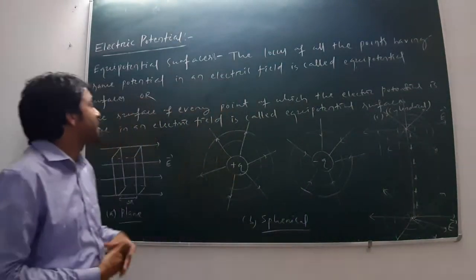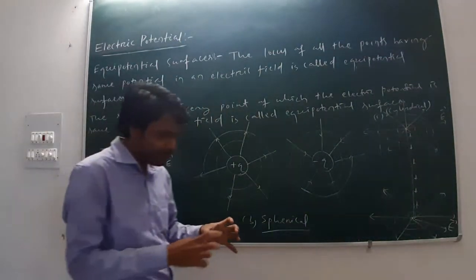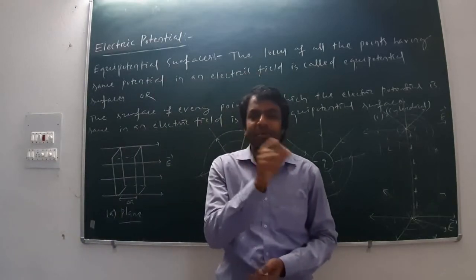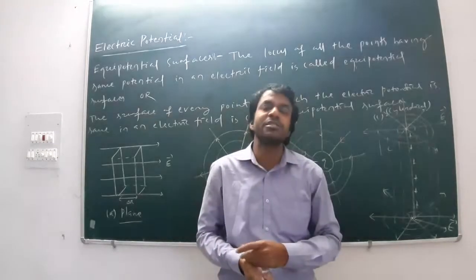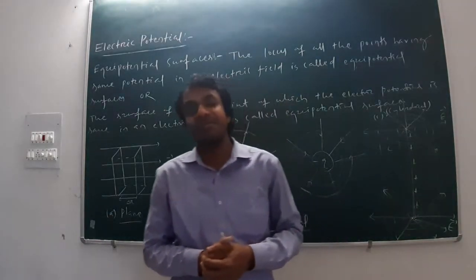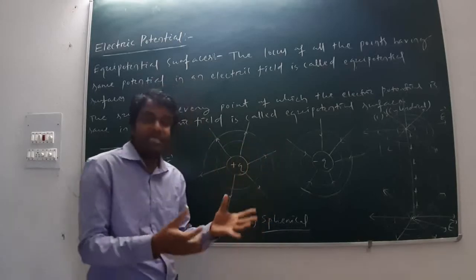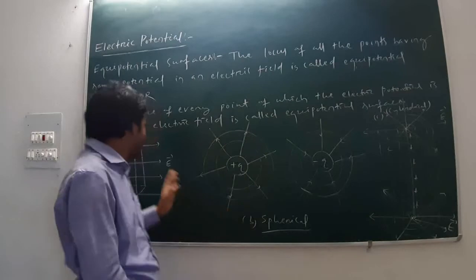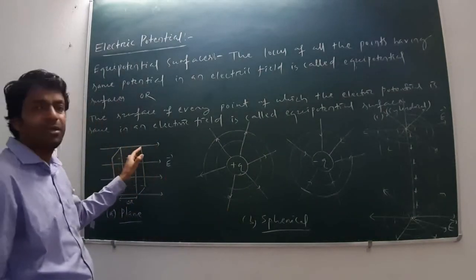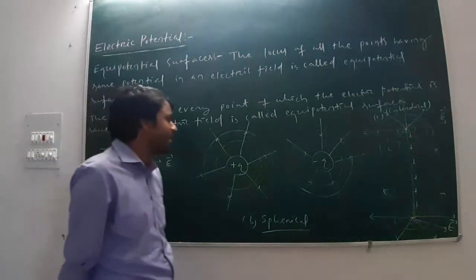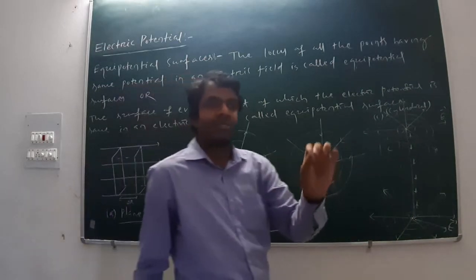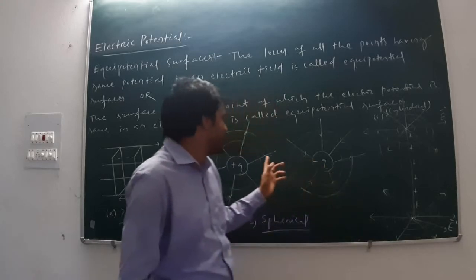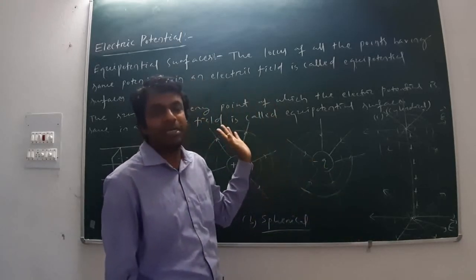The important property of an equipotential surface is that, as the potential is the same at each and every point, the potential difference is always zero on the equipotential surface. Let the potential at one point be V1 and at another point be V2.